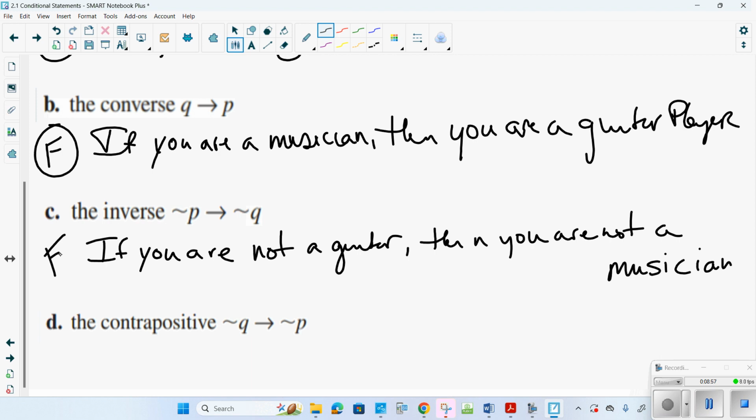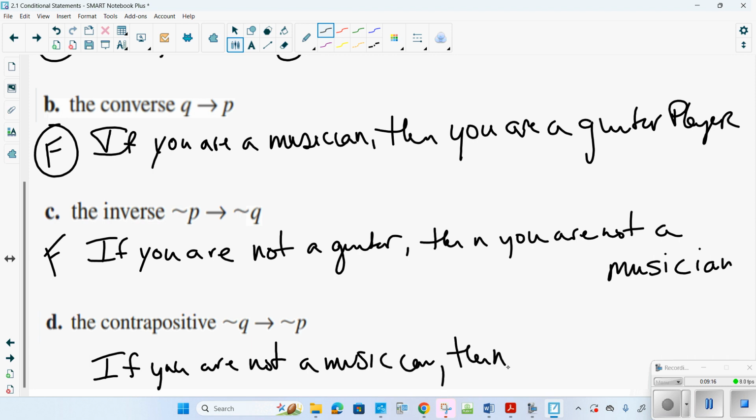Last one, not Q, not P. So if you are not a musician, then you are not a guitar player.